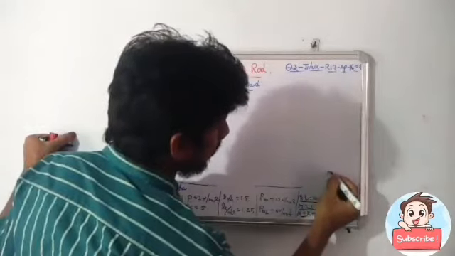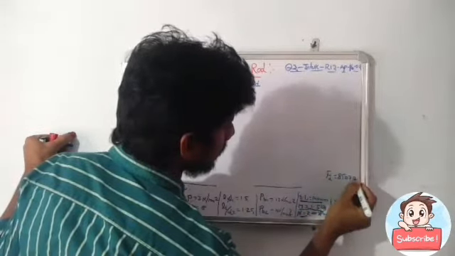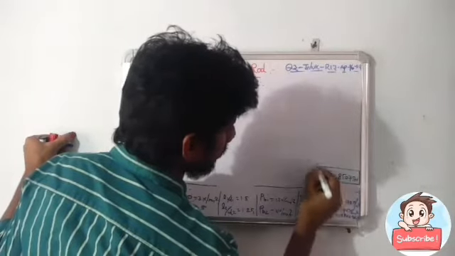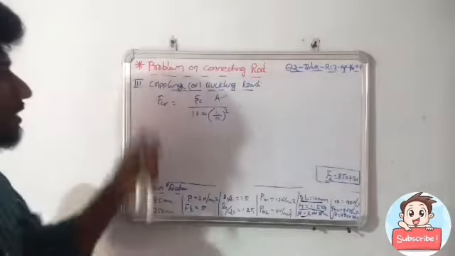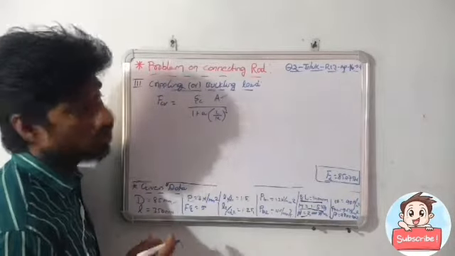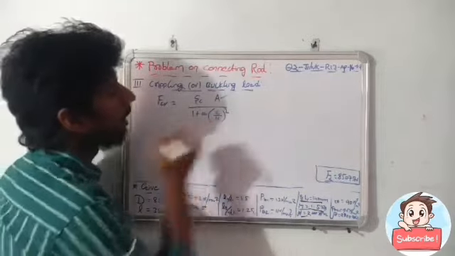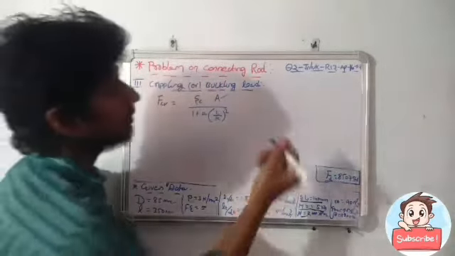Here Fd equal to 85075 newtons. Keep it here. Okay, so let's see crippling load. SC is, as we already discussed, the compressive load, A is the area of the cross section of the connecting rod, and L is the equivalent length.